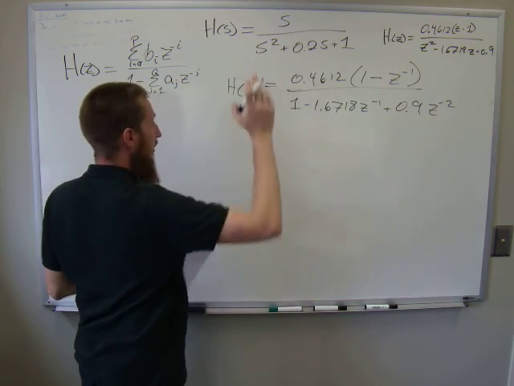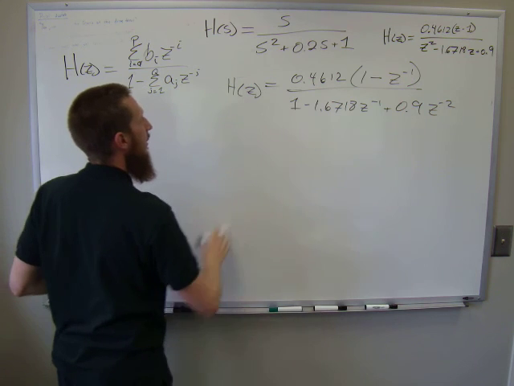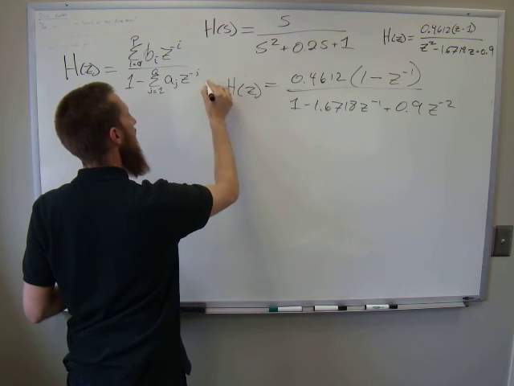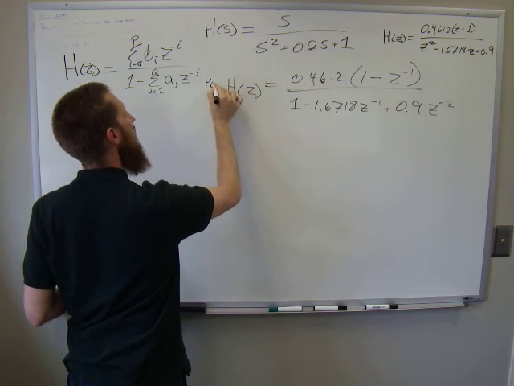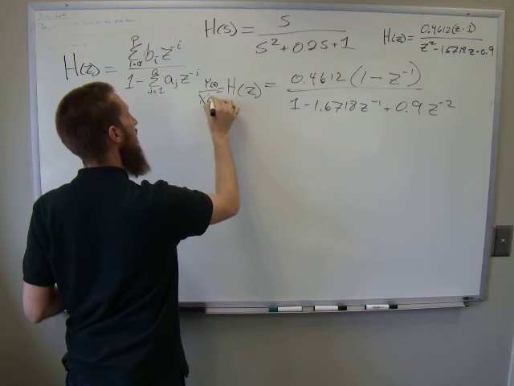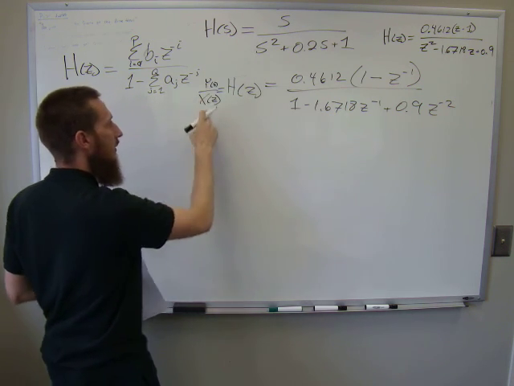Okay, so now from here we can solve this down knowing that h of z is equal to y of z divided by x of z, the output over the input.